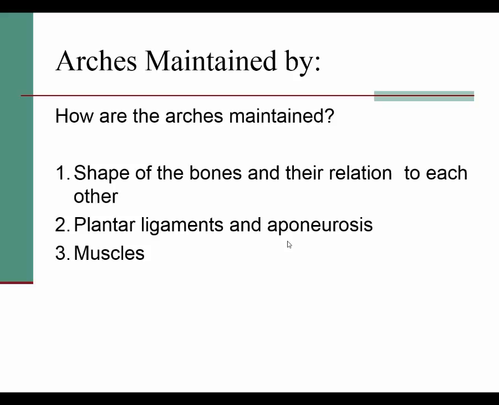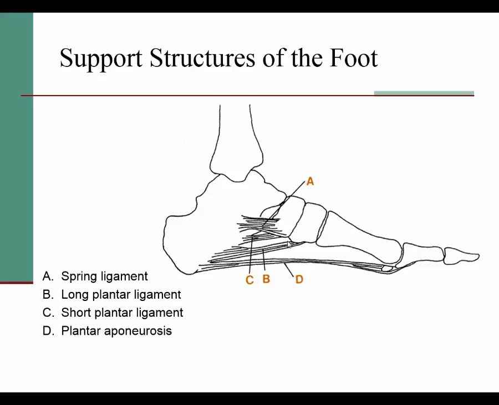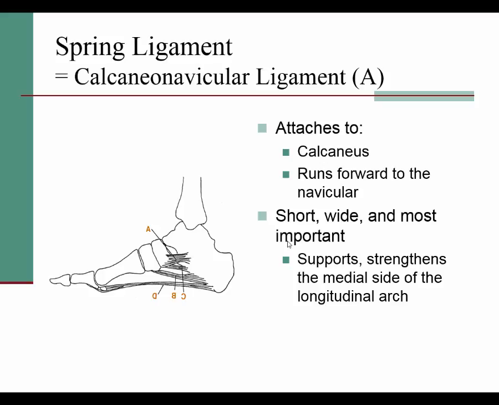Of course, the support structures of the foot, you've got A, B, C, and D: spring ligament, the long plantar ligament, the short plantar ligament, and the plantar aponeurosis. The spring ligament attaches to the calcaneus. It runs forward to the navicular, right here. It's short and wide and most important, so make sure you know this. It supports and strengthens the medial side of the longitudinal arch.